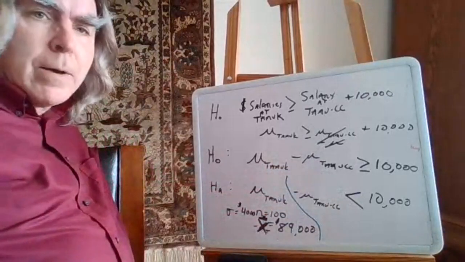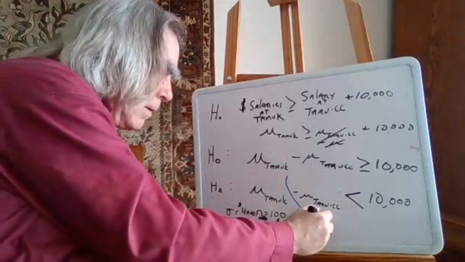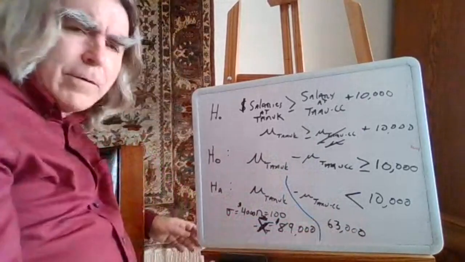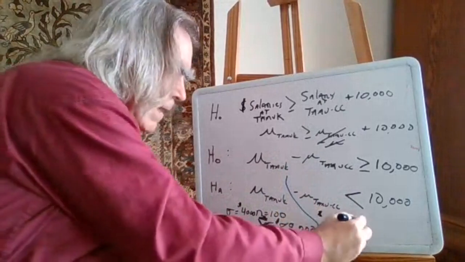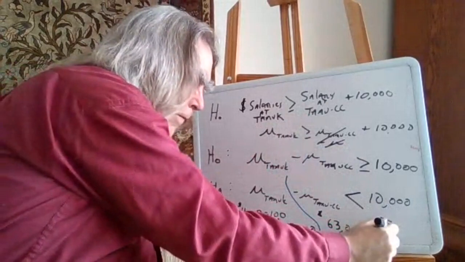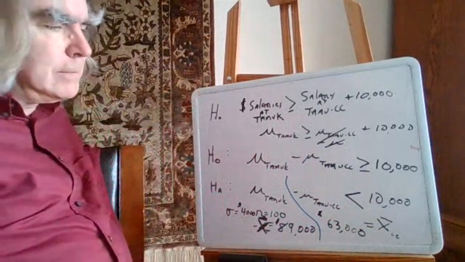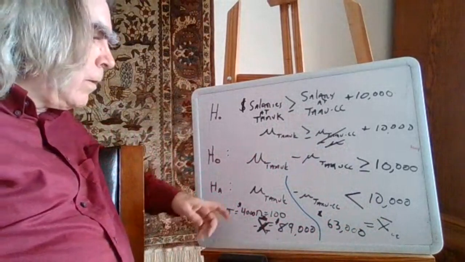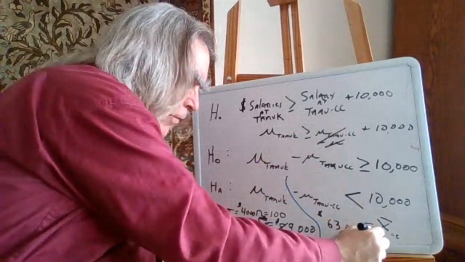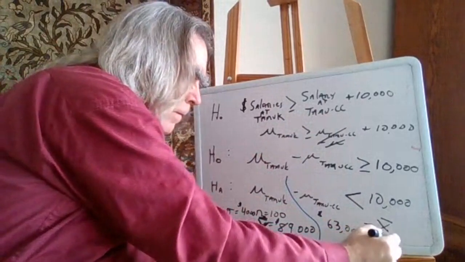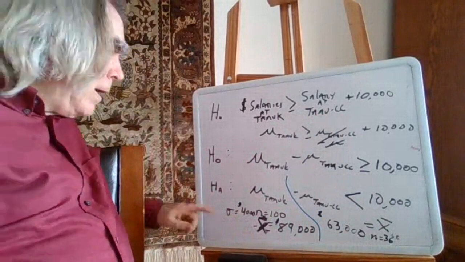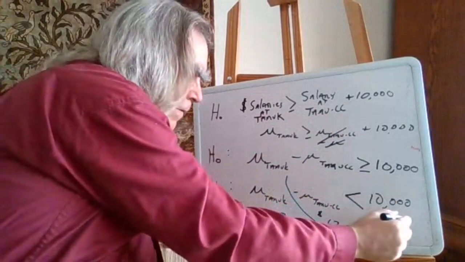And let's say we come up with their average being 63,000. That would be the X bar for TAMU Corpus Christi. And then our sample size here, let's say, was 36. And let's again assume that the sigma was the same.